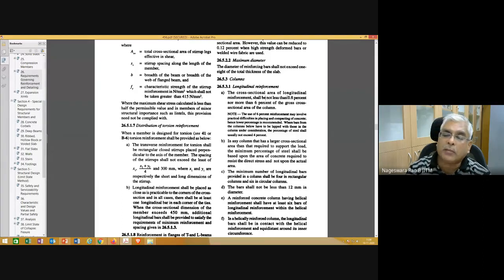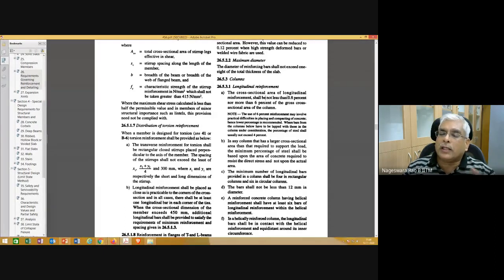Because if you provide more reinforcement, there is going to be a problem when you are actually concreting it. When you place the concrete and try to vibrate it, because of a lot of reinforcement, you may not be able to do proper compaction.